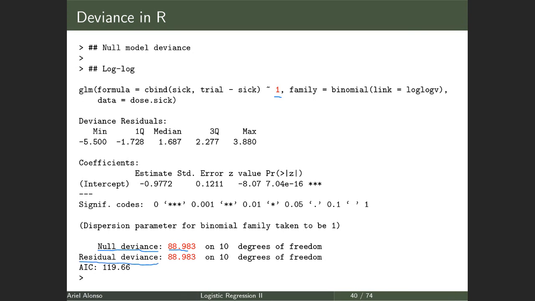Well, the residual deviance is the likelihood ratio test comparing your model with the saturated model. But your model now is just the intercept model, right? It's the one you chose over here. And that's why you get exactly the same values here. Because now these two things are doing the same. They are both comparing the intercept model with the saturated model. Why? Because this is the model you chose. You chose just a model with an intercept. It's just something I'm doing to illustrate what the null deviance is actually doing.